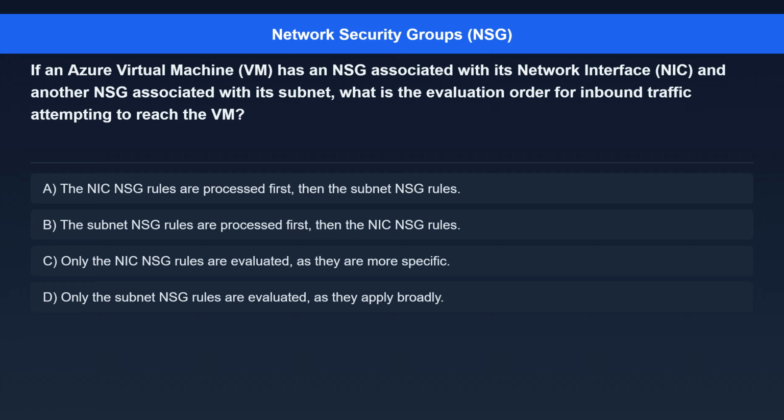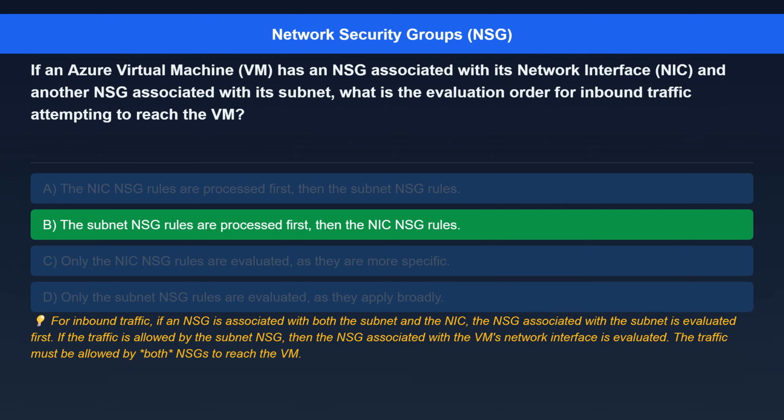Option B. The subnet NSG rules are processed first, then the NIC NSG rules. Option C. Only the NIC NSG rules are evaluated, as they are more specific. Option D. Only the subnet NSG rules are evaluated, as they apply broadly.